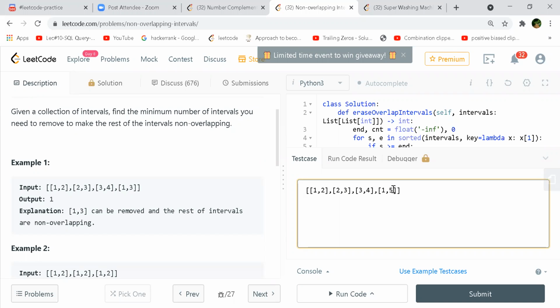Then if we run through this iteratively, for the first index we look at the 5, the end of that interval, and compare with the 2, the start of the second interval. In that case it is overlapping, so anyway we will consider that as an overlap.